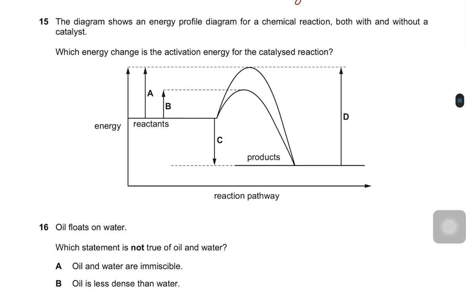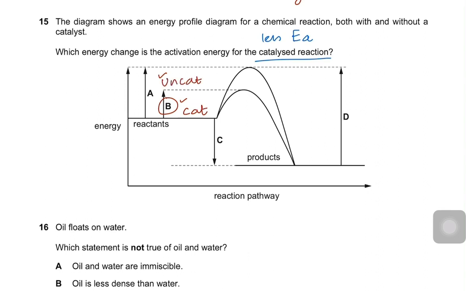The diagram shows an energy profile diagram for a chemical reaction both with and without a catalyst. Which energy change is the activation energy for the catalyzed one? So catalyzed reactions have less activation energy. If I am not wrong, the activation energies are A and B. B is the catalyzed one and A is the uncatalyzed one.